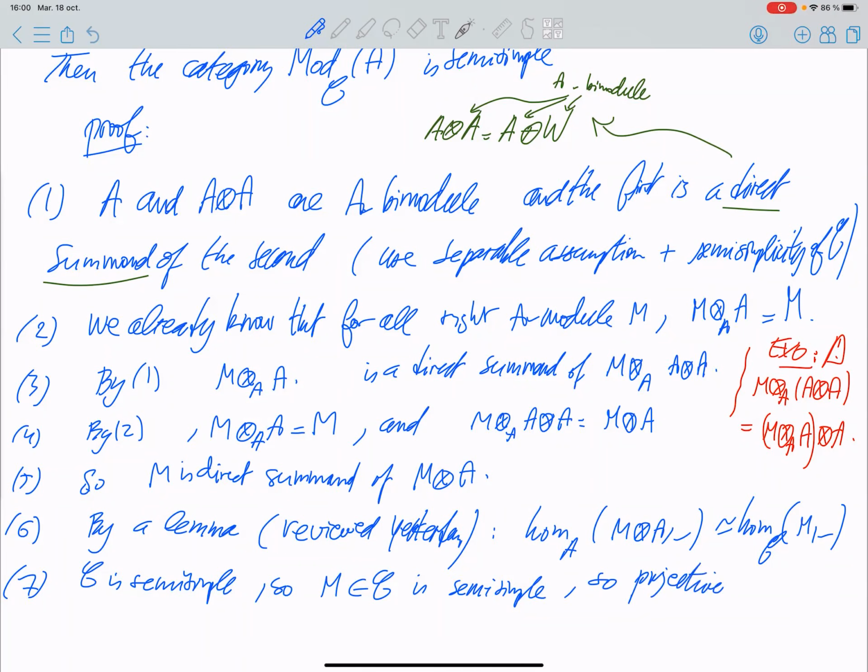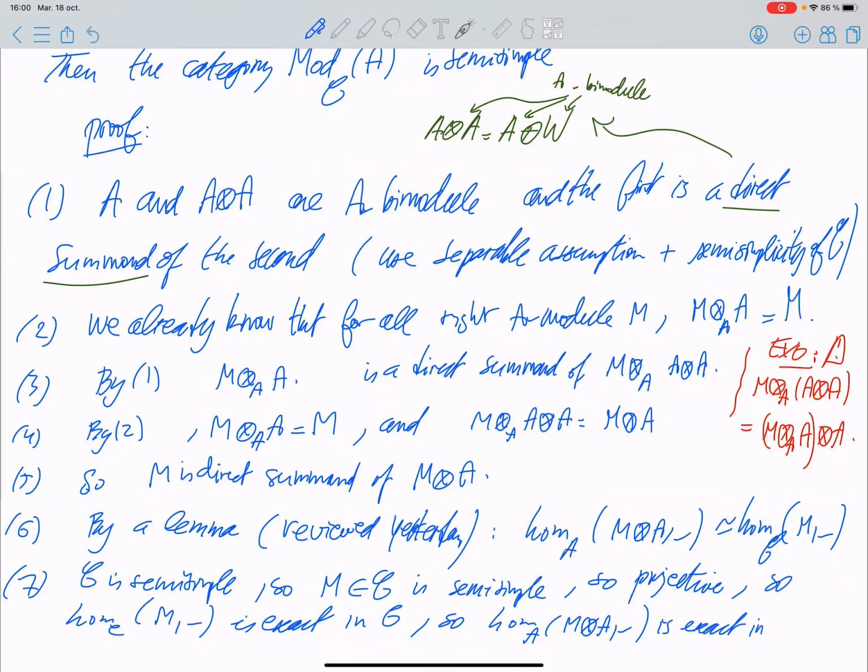So by definition, C M is exact, by definition of projective, exact in C. So by the previous isomorphism, this is exact also, is exact in C.